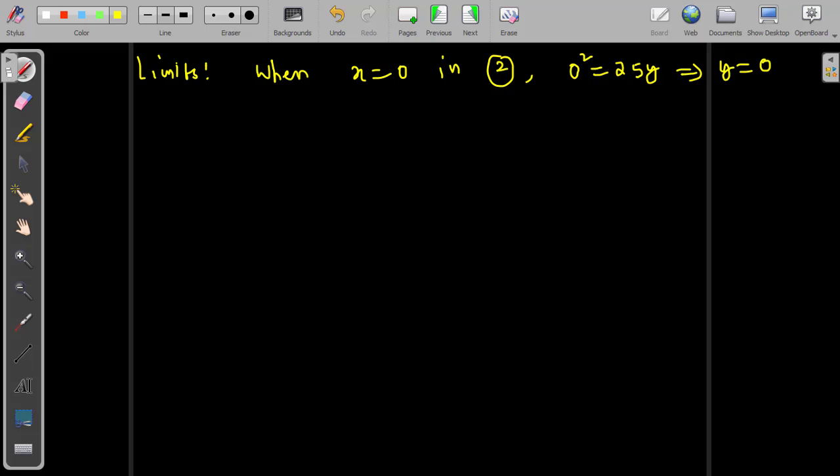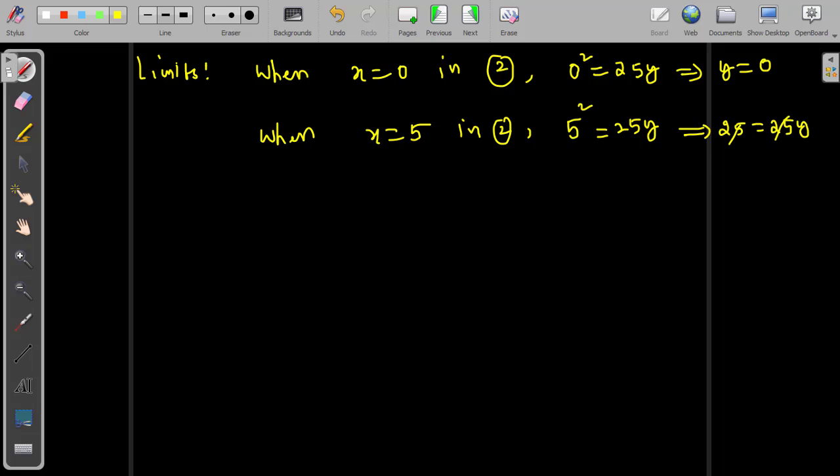Now for the upper limit, when x equal to 5, LHS is 5 square, RHS is 25 times y. So 25 equal to 25 times y, y cancels out, and 1 is left equal to y. Therefore the limits for y are 0 to 1.